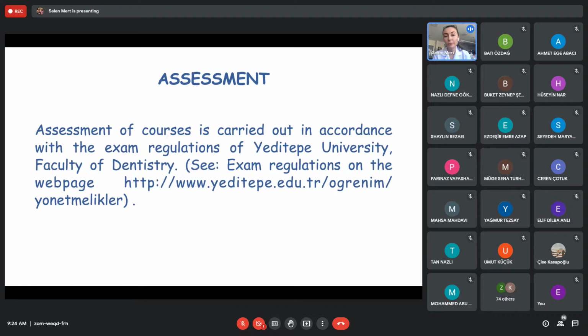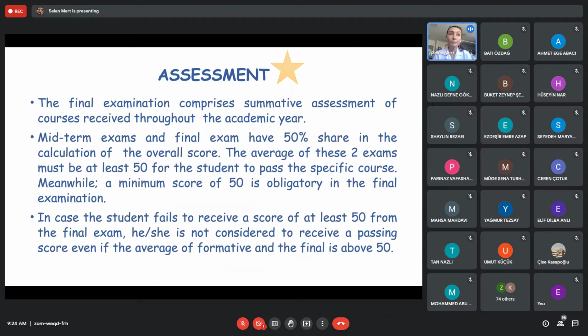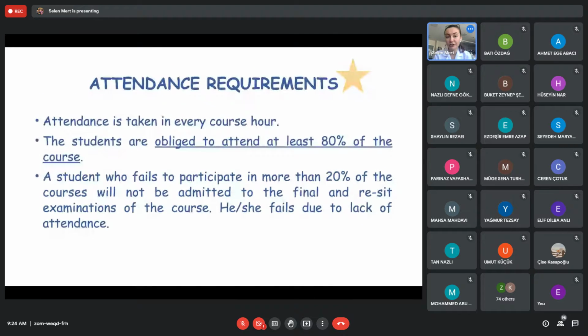Assessments are important. As I said before, you will have one midterm in the fall semester and one midterm in the spring semester. At the end of the academic year, you will have a final examination. To attend the final examination, you have to meet an attendance requirement. If you exceed 20% absence for this course through the whole year, you will not be able to attend the final examination and you will fail due to lack of attendance.